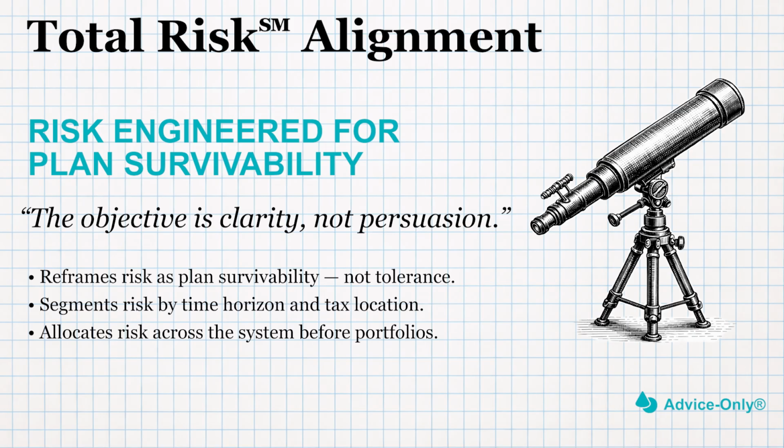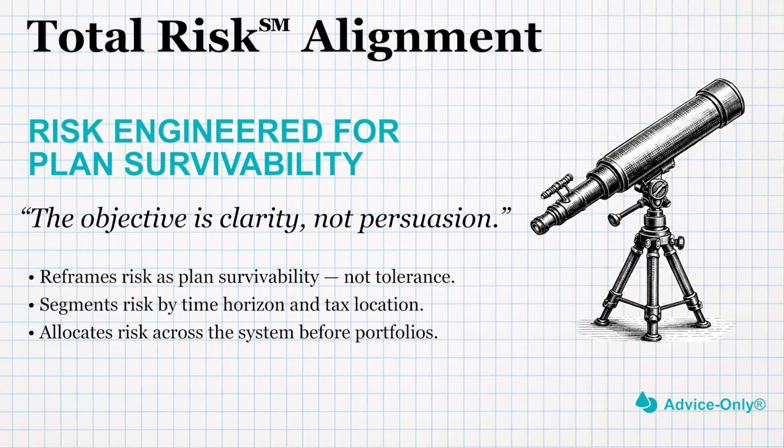They focus on emotional tolerance, but they miss the far more important question: how much risk the plan itself can withstand. Total risk alignment reframes risk as a survival problem, not a personality trait. Instead of asking, how much risk do you like, we ask, how much risk can this plan survive?